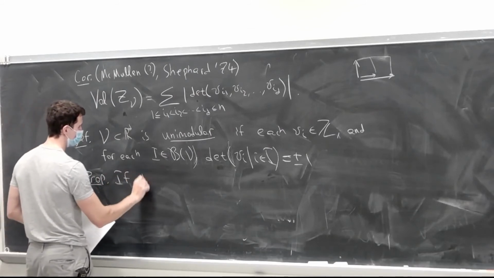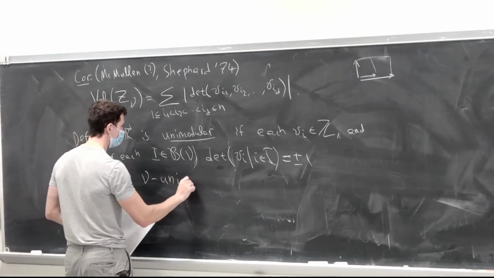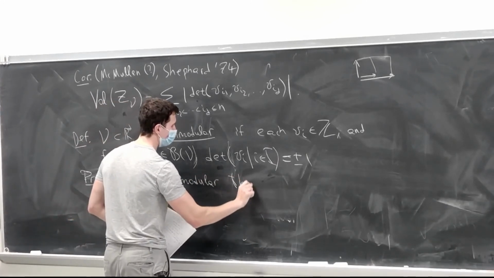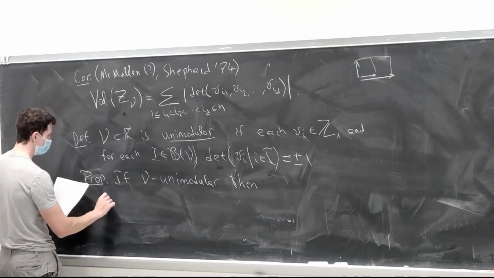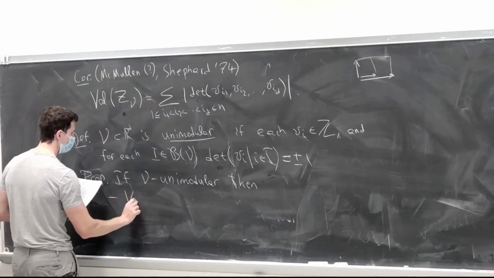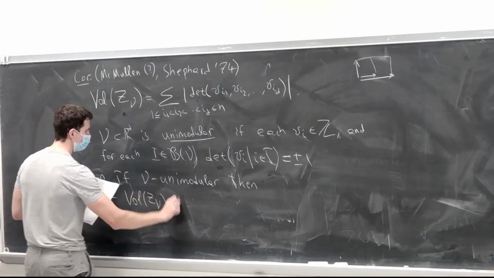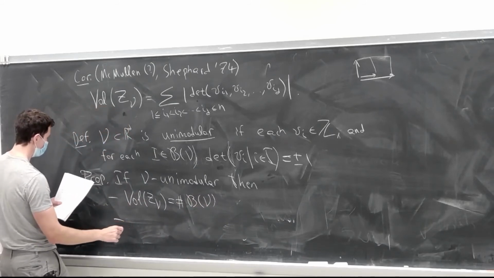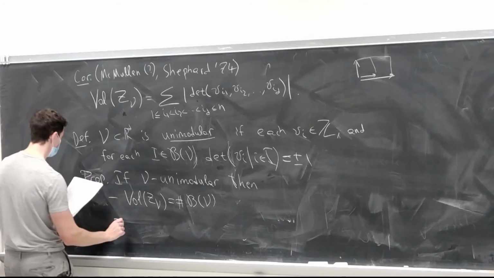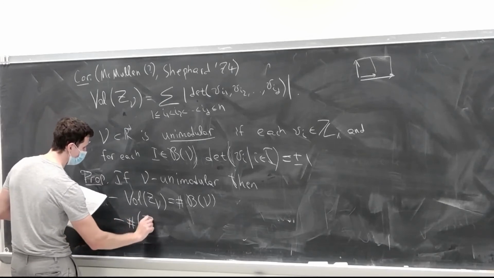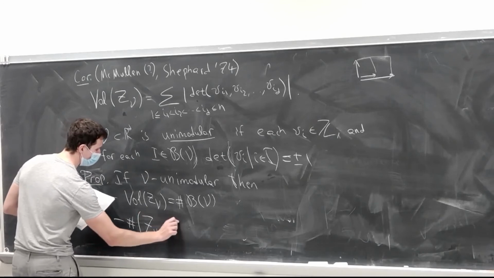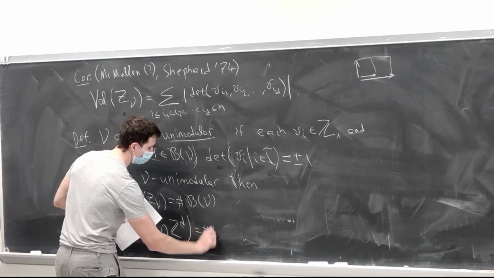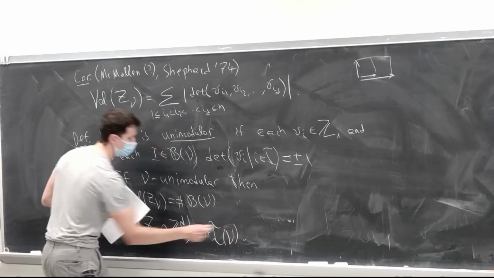If your vector configuration is unimodular, then one not surprising statement is that the volume of the corresponding zonotope is just the number of bases. And the other one is pretty unexpected: the number of lattice points, so the number of points in your zonotope with integer coordinates, is just equal to the number of independent sets of your vector configuration.